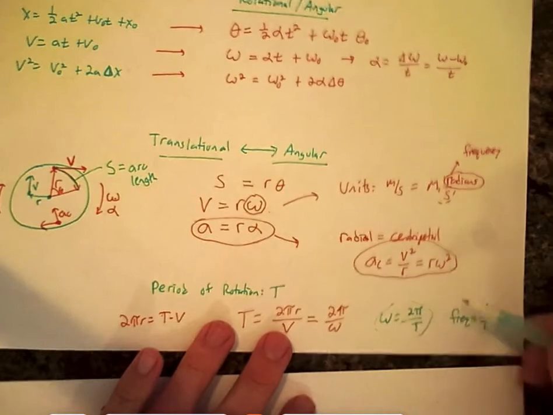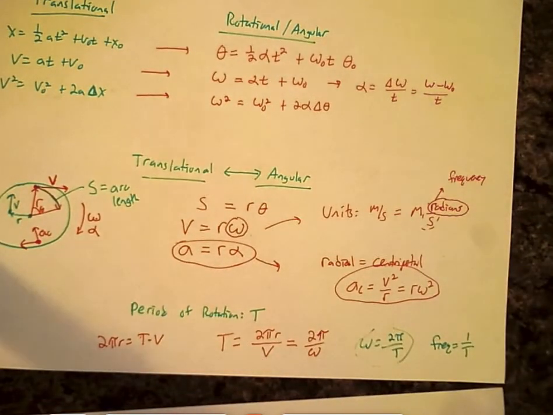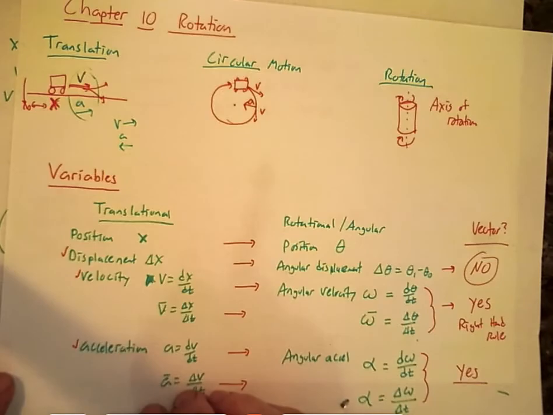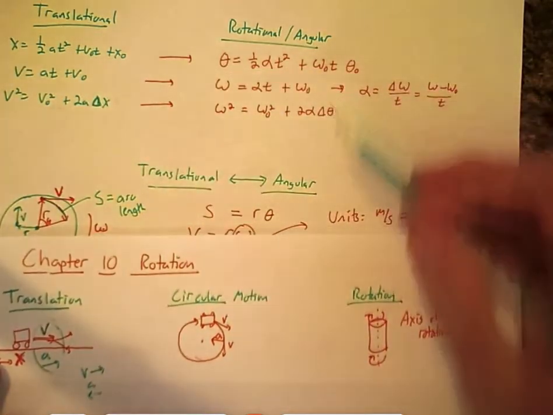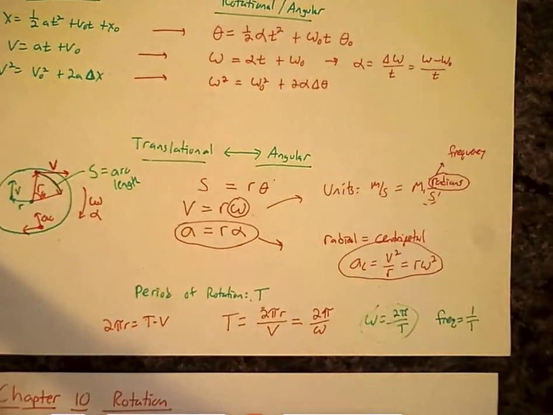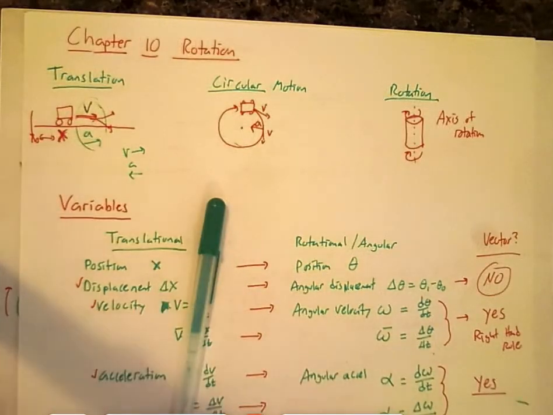That's why this is related to this up here. So there we have just the basics for rotation: variables and positions and displacements, velocities, accelerations, equations to use, how you get between translational and angular, and period of rotation related to frequency. Try out practice problems in the book, try out homework problems, and hopefully this will work for you.